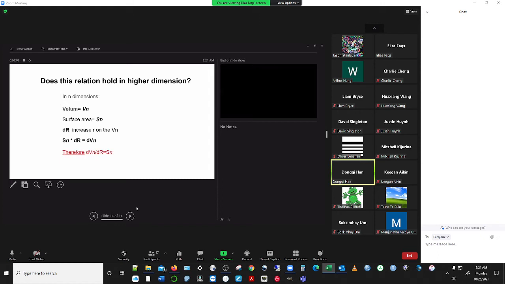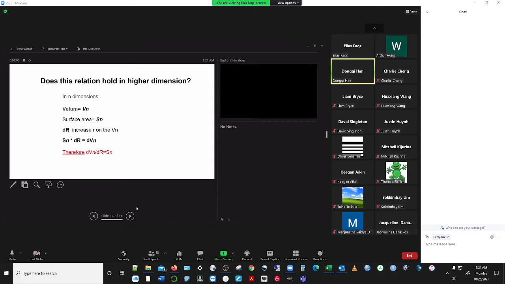Now we increase R by dr, which changes Vn. We can get dV by dr: the surface area of the n-ball times dr, which equals dV.